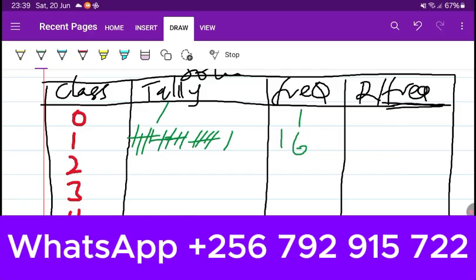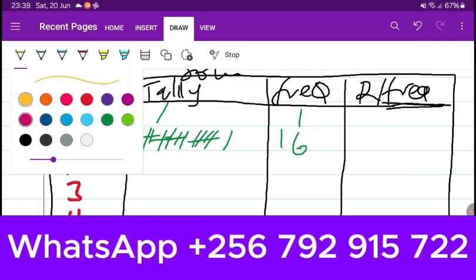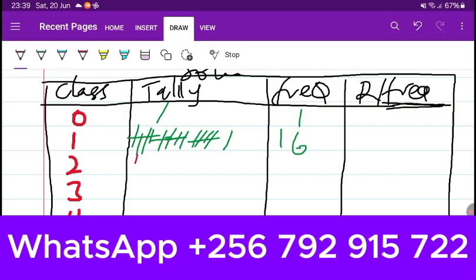Then for this one, the 2 were 14. These ones were 14. 1, 2, 3, 4. That is 5, 6, 7, 8, 9, 10, 11, 12, 13, 14. Those are 14.